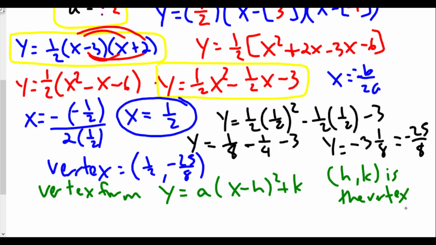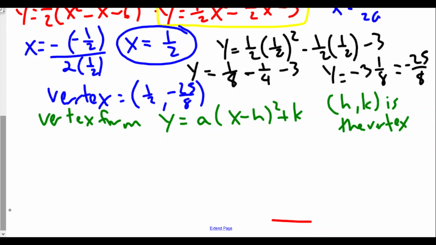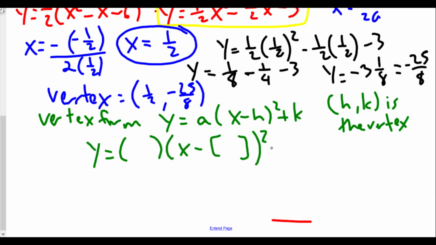So now we're just plugging in the x value of the vertex, the y value of the vertex, so the x value is h, the y value is k, and the a value from the beginning we solved to be 1 half. So now all we're going to do is plug into our formula. y is equal to a times (x minus h) squared plus k.